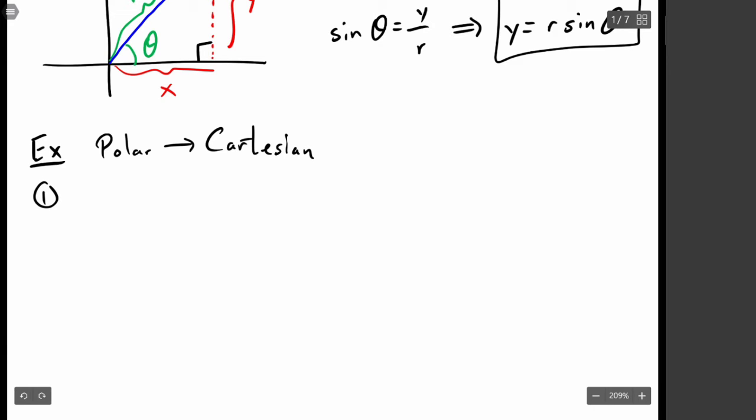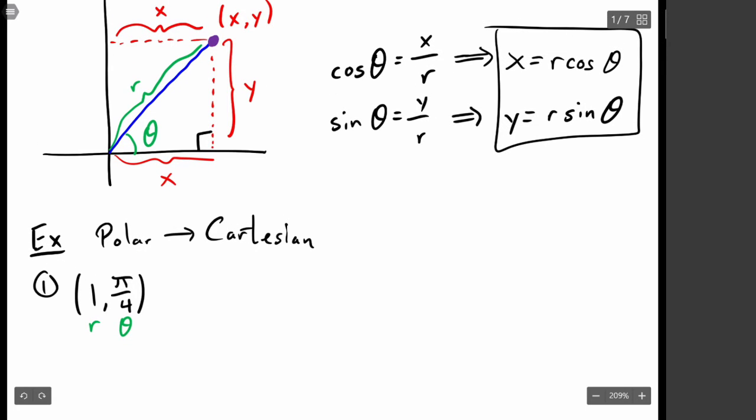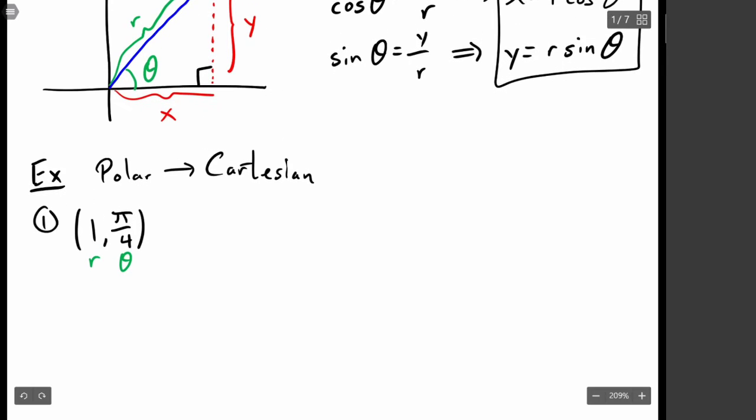The first example, let's say we're given in polar coordinates 1, pi over 4, just to keep it simple to start with. We know this is the r value, this is the theta value, and so we just plug them into this formula up here.